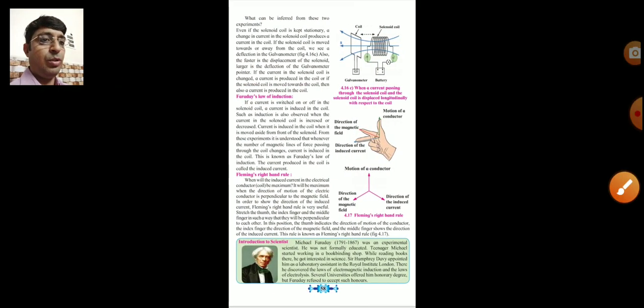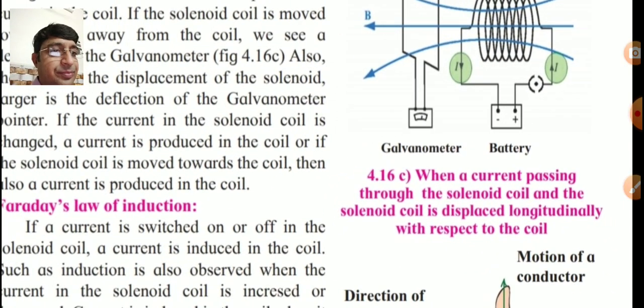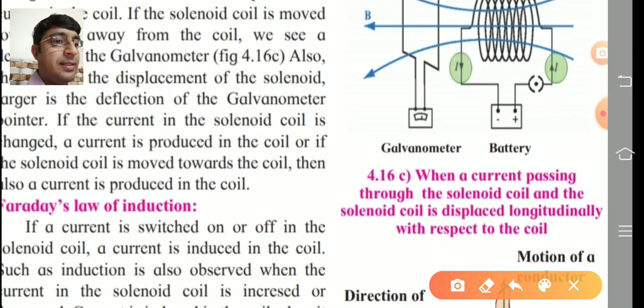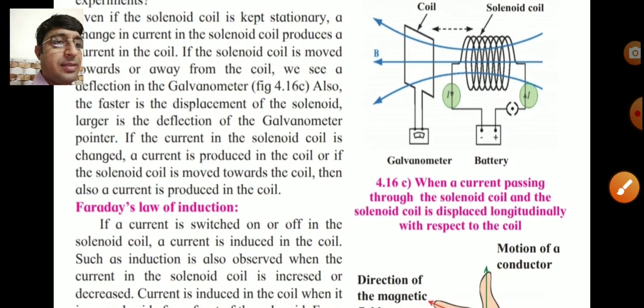And one more activity is given for us, check here. This is option C. When a current is passing through the solenoid coil and the solenoid coil is displaced longitudinally with respect to the coil, so what happened in this case?